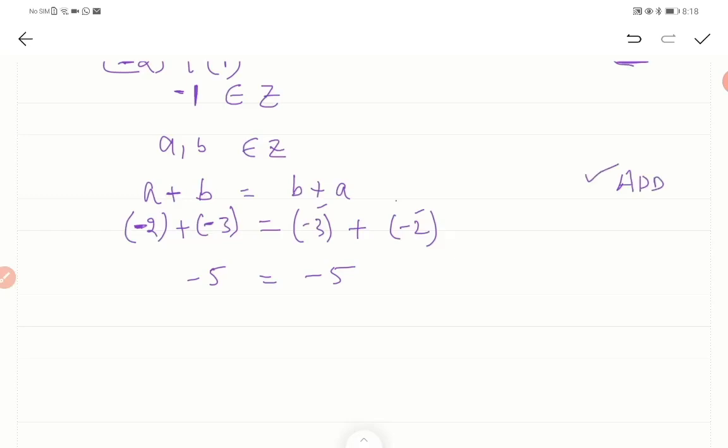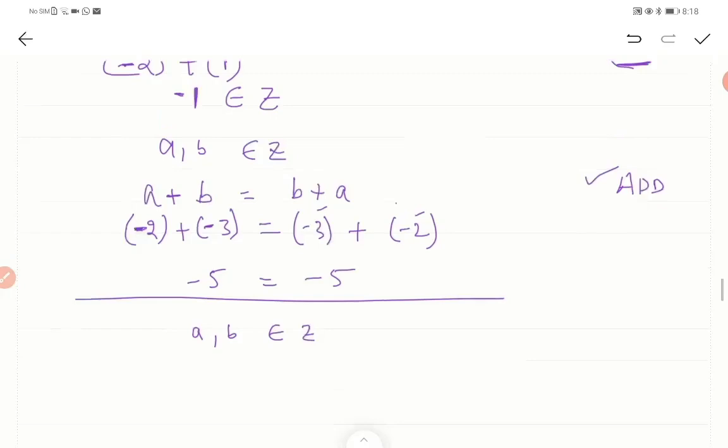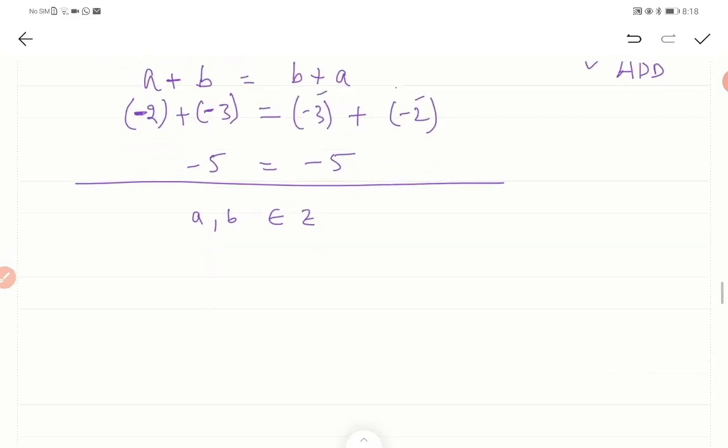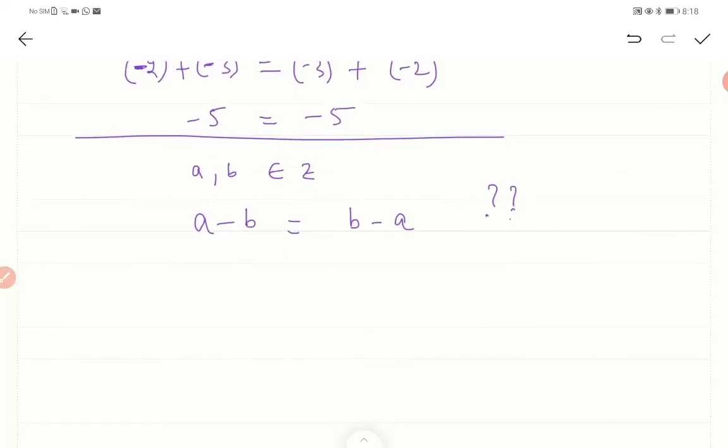Now if you go for subtraction, if a and b belong to Z, you need to check whether a minus b is equal to b minus a. Do this by yourself and we will discuss this in the Zoom meeting.